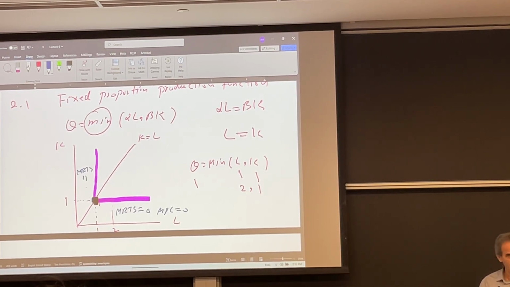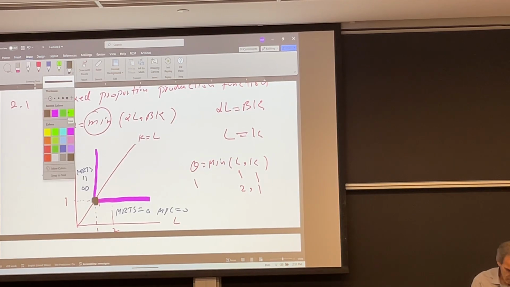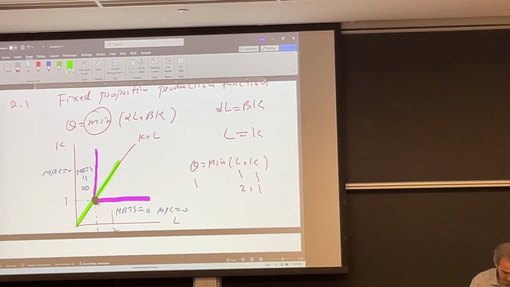Infinite, which means MPK is 0. So on the wings, either labor or capital is inefficient, so you never go there. You just stay on this line. It's the only efficient production.